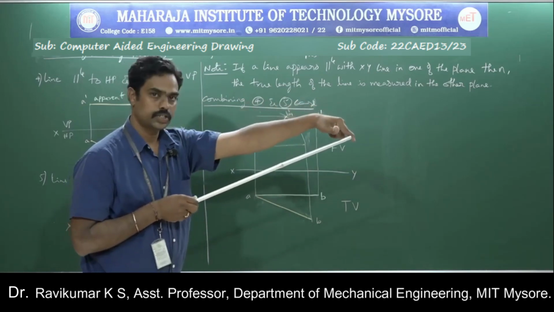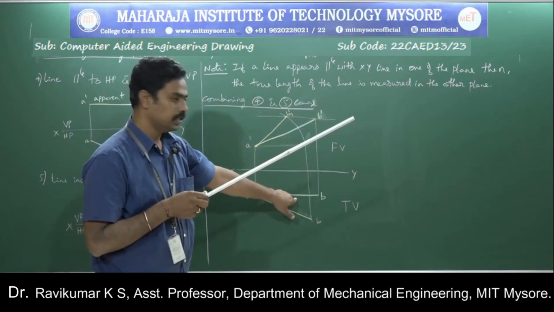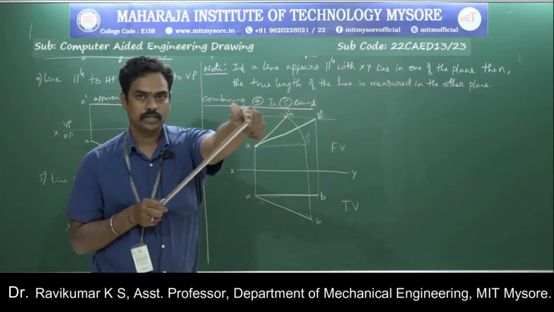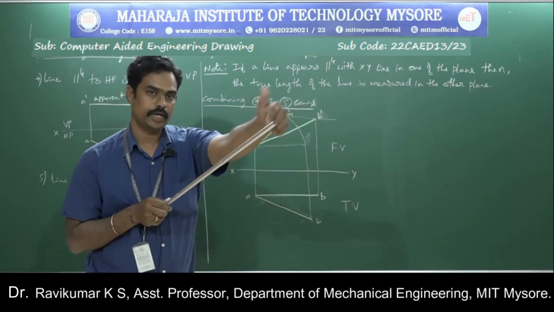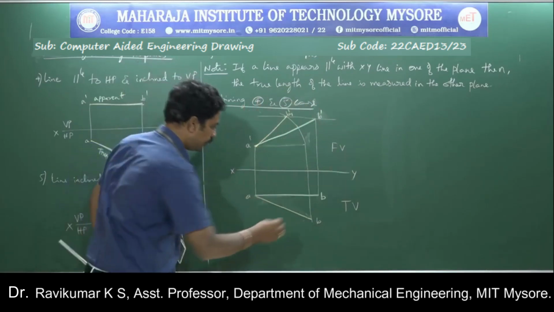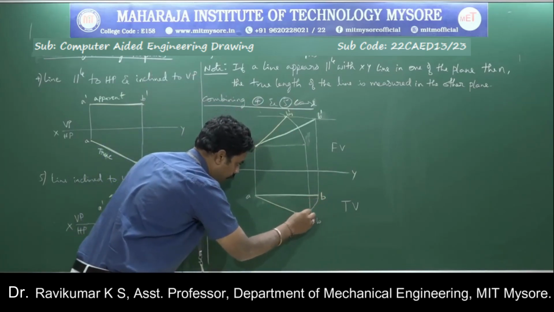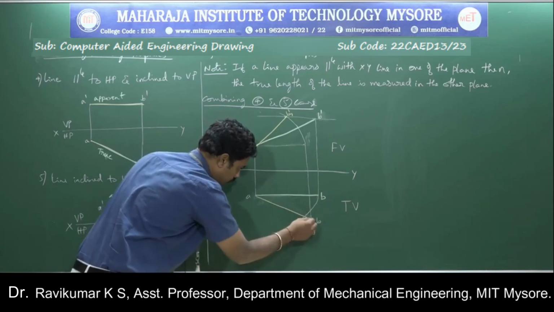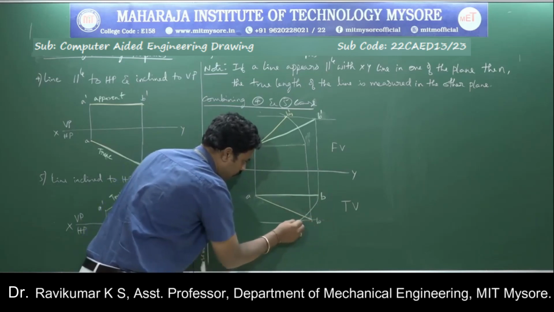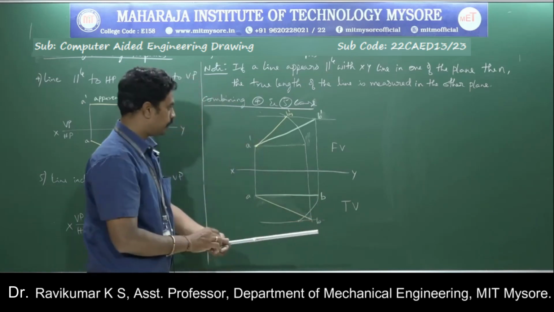If you rotate this to make it parallel to VP, you will get this. If you rotate this, make it inclined to VP, then you will get this one. Rotate this, make it parallel, make it inclined to VP, you will get this point.